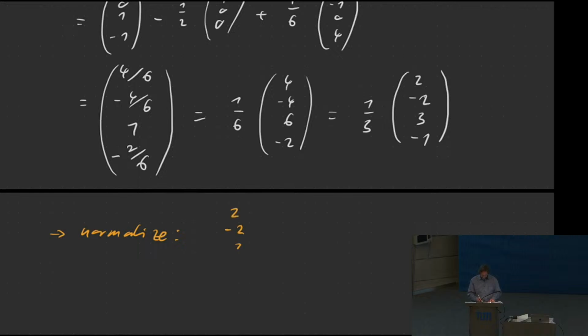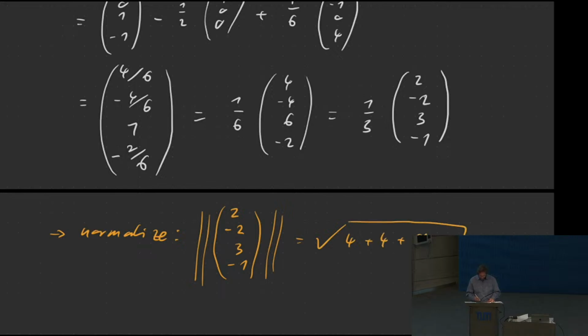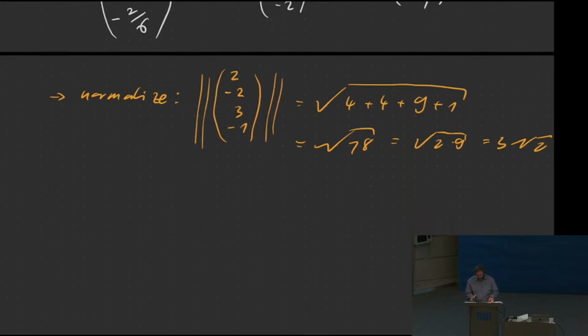So the norm of this vector here, that is, let's see, 2 squared is 4 plus 4 plus 9 plus 1, so I get 18, and 18 is 2 times 9, so that's 3 square root of 2.